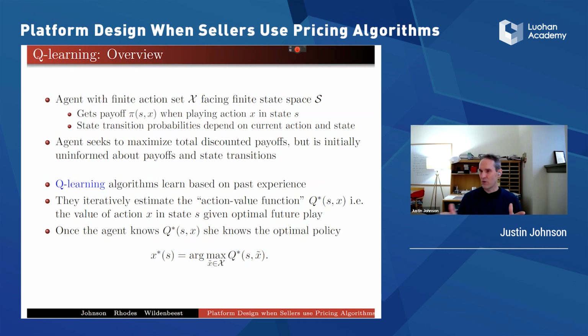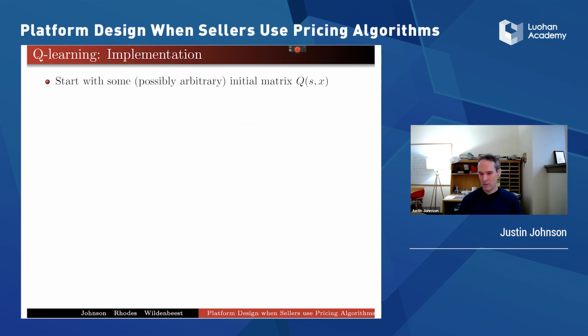And then I'm just going to read across that row until I find the highest value, and whatever action is associated with that highest value is the action that I should take. Okay, so if I could somehow recover this Q function, I would actually have a full optimal solution to this decision problem. Well, yeah, but if I knew the function, I wouldn't be doing this in the first place.